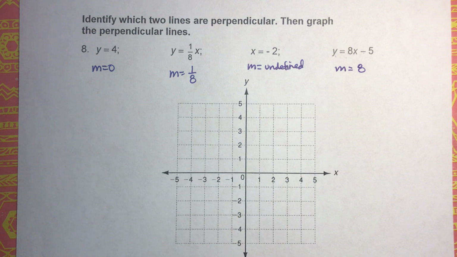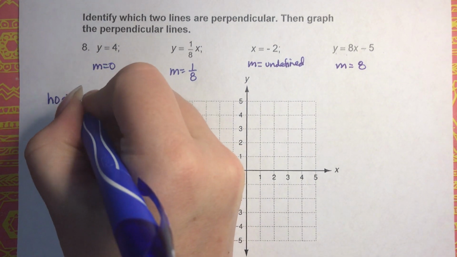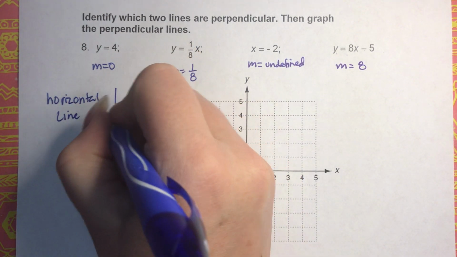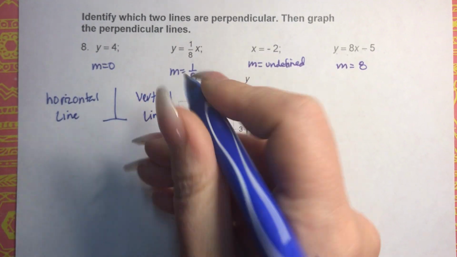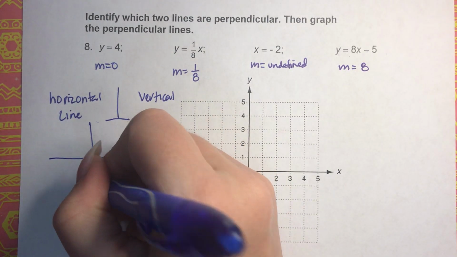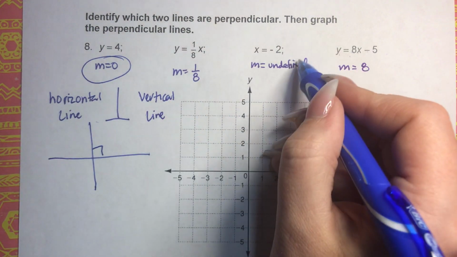And the one thing is if you have a horizontal line, it is always perpendicular to a vertical line. Always, right? It makes sense. If you have a horizontal line and a vertical line, they're always going to be perpendicular to each other, and that's what we have right here.